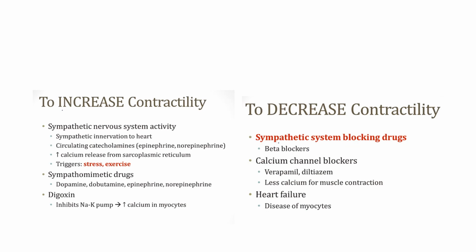We give drugs like sympatholytics, or sympathetic system blocking drugs like beta blockers, and calcium channel blockers like verapamil and diltiazem. Less calcium for muscle contraction causes less contraction, and therefore a decrease in the contractility.